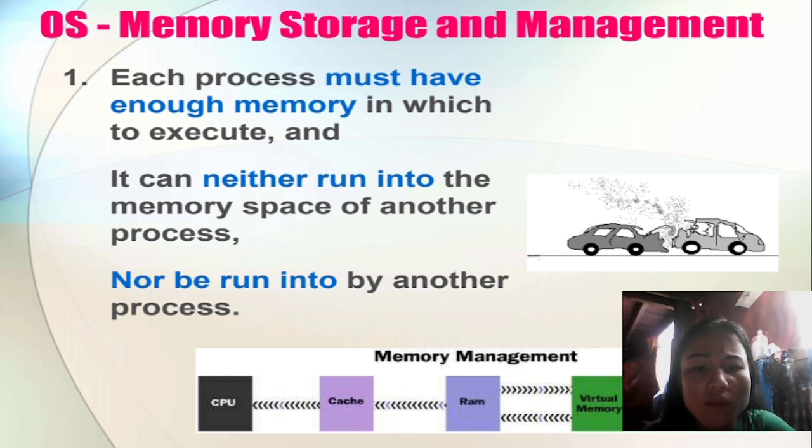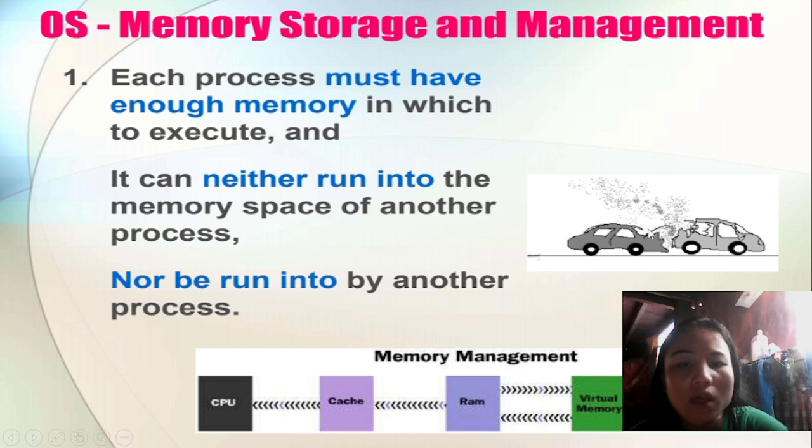So these images show the OS mechanisms to manage memory usage on the computer. The diagram below shows different types of memory: CPU cache, RAM, virtual memory, and disk storage. This first image means that each process must have enough memory in which to execute, and it can neither run into the memory space of another process, nor be run into by another process.